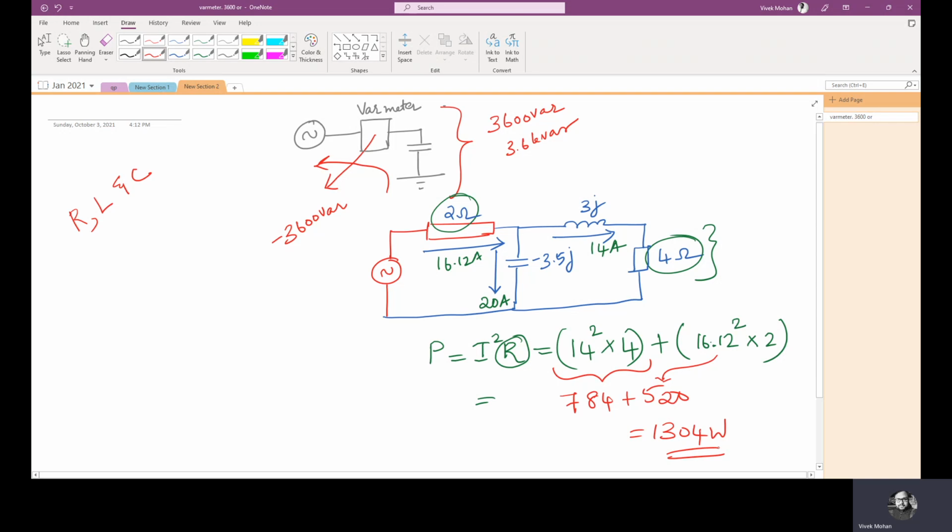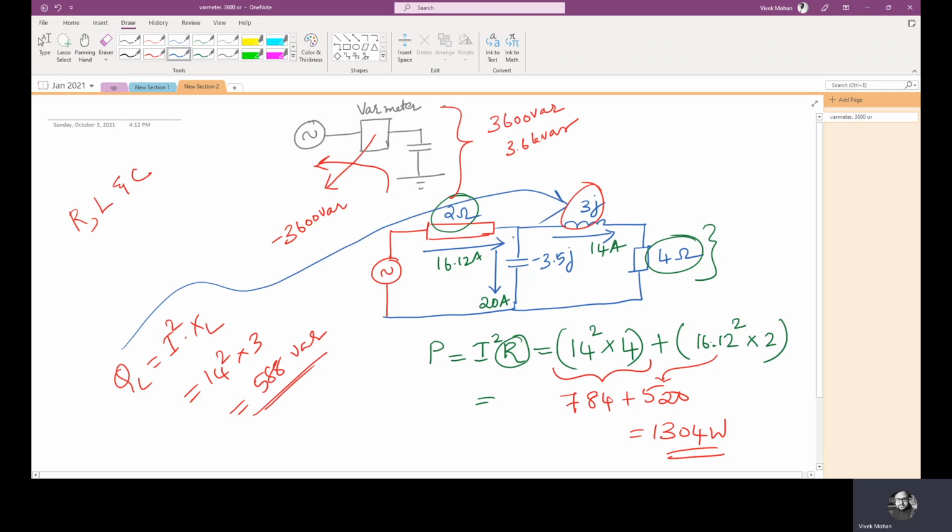The 3 ohm reactor absorbs reactive power. So if I want to find that, QL equals I squared XL, which is equal to 14 squared into 3, which is equal to 588 VAR. So that is the reactive power absorbed by this reactor.